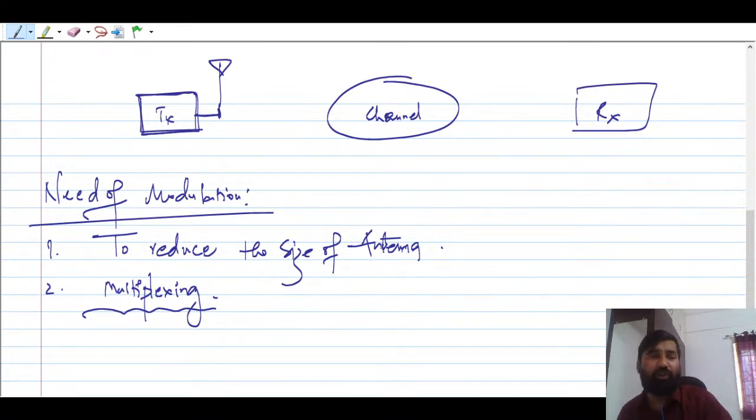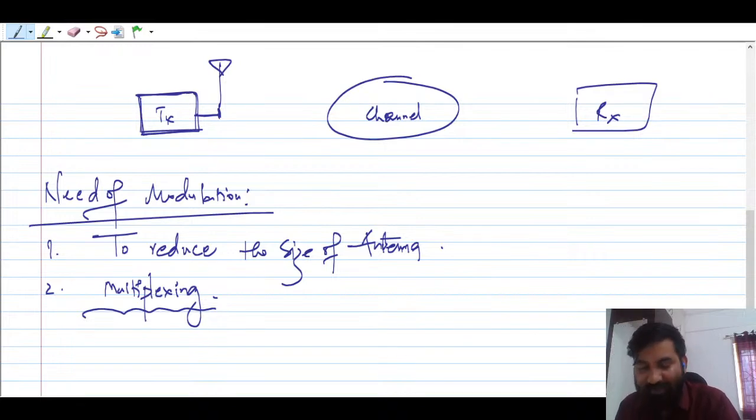Then you cannot send many signals, because channel bandwidth is also limited. If the signals have low bandwidth, you can send many signals at the same time. So simultaneous transmission of signals having minimum bandwidth over a channel is called multiplexing, and the channel bandwidth should be maximum. That is the requirement you have to keep in mind.